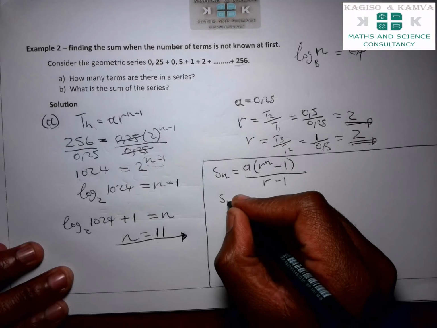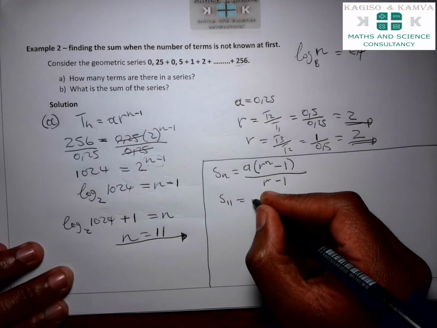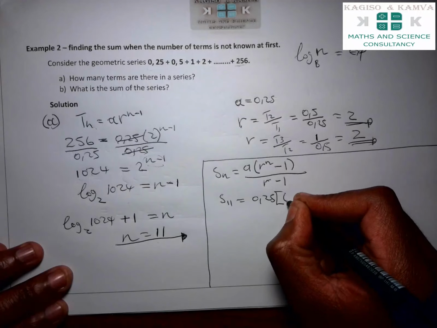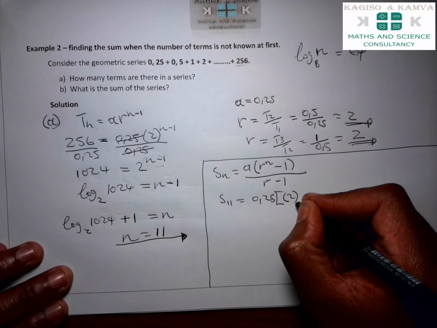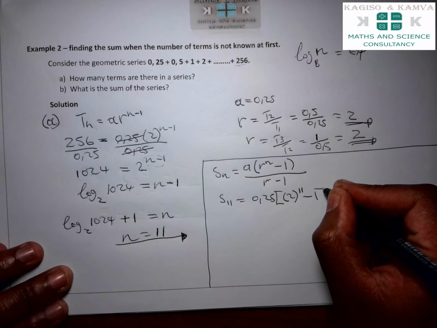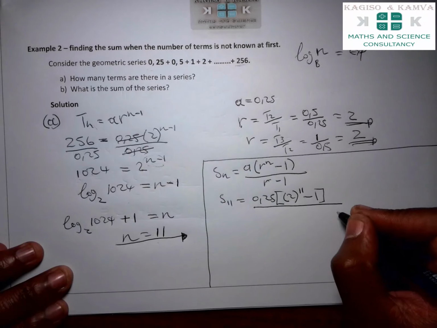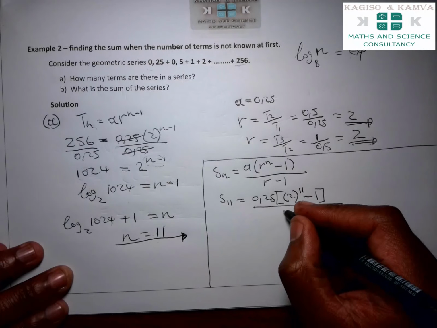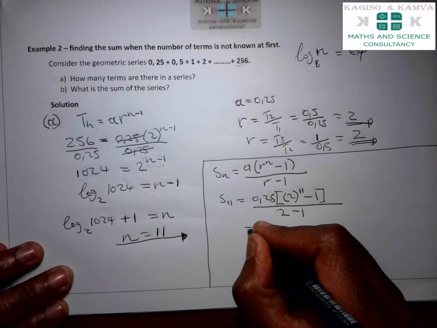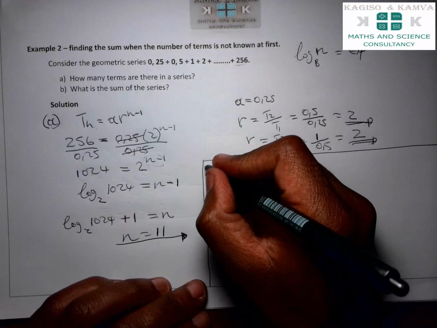So the sum of 11 terms is going to be 0.25 into 2 to the exponent 11 minus 1, all over 2 minus 1. This is our B.